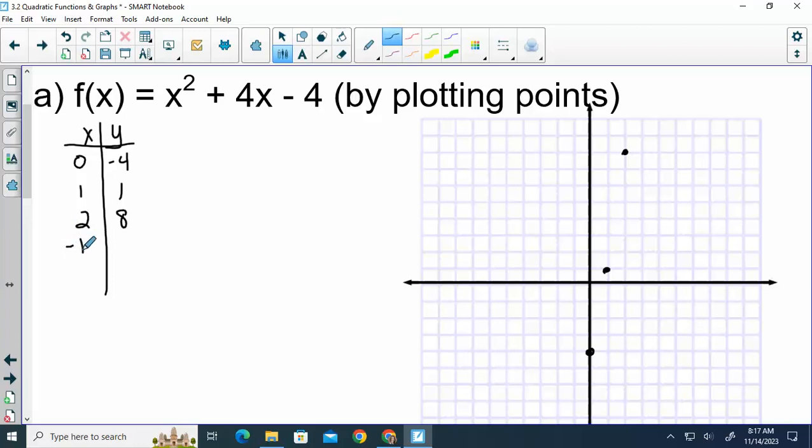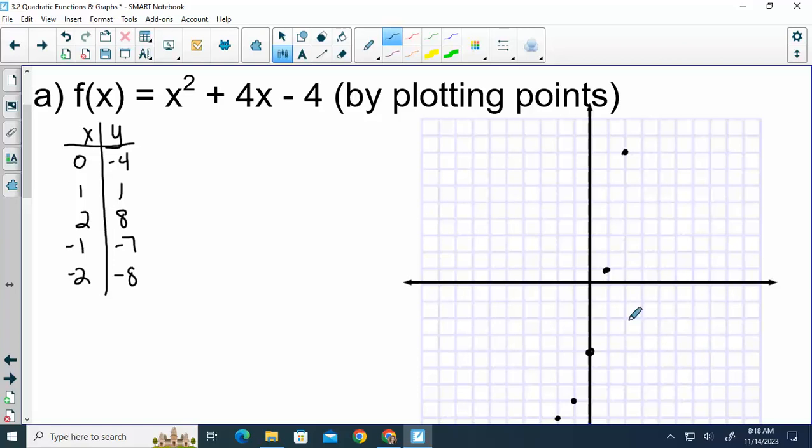So if we put in negative 1, negative 1 squared is 1, plus negative 4 minus 4 gives me negative 7. Enough points yet? No. Okay. If I go negative 2, I get 4 minus 8 minus 4, which is negative 8. Is that enough?